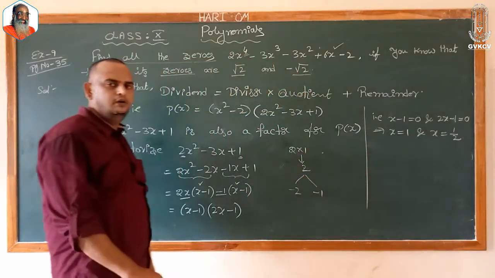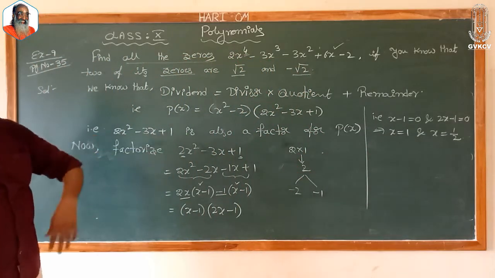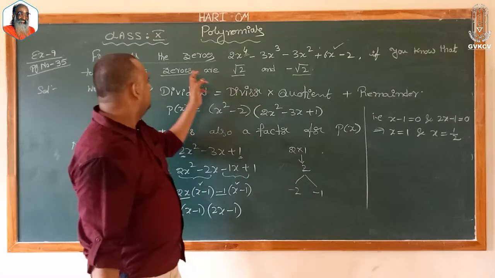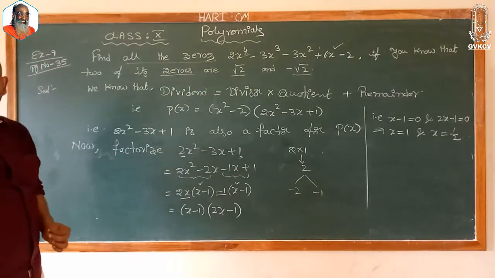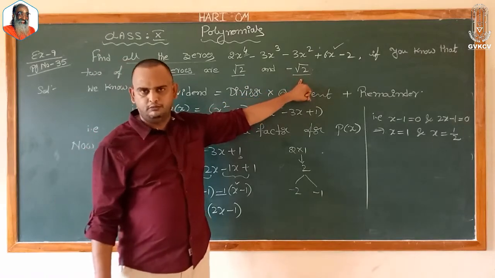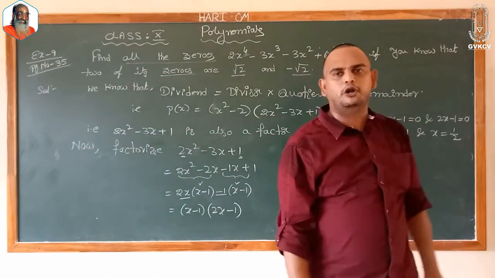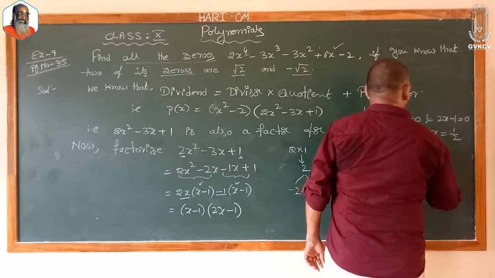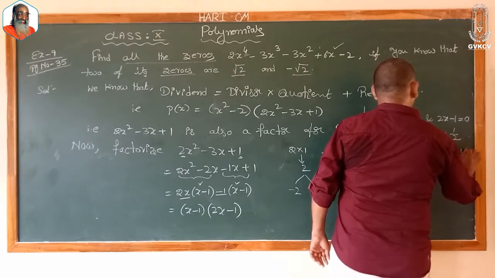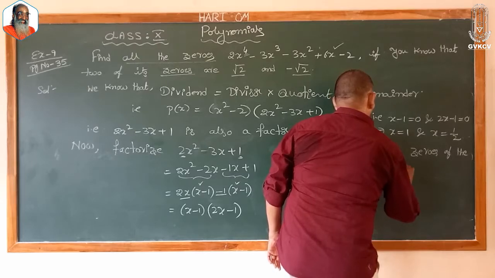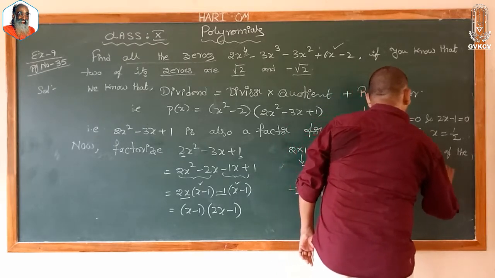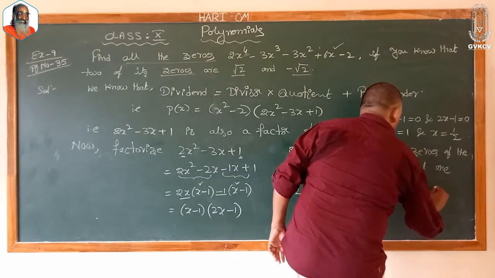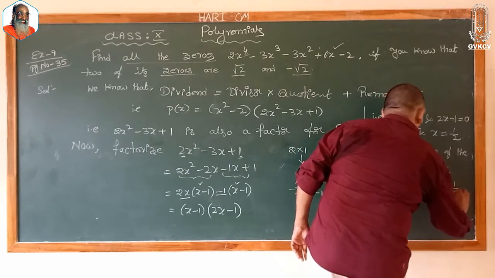Now what are the x values we have? I got x value as 1 and x value as 1 by 2. What are these x values 1 and 1 by 2? They are the zeros of the given polynomial. So already I have 2 zeros, and these are the remaining 2 zeros. Therefore, the zeros of the given polynomial are root 2, minus root 2, 1 and 1 by 2.